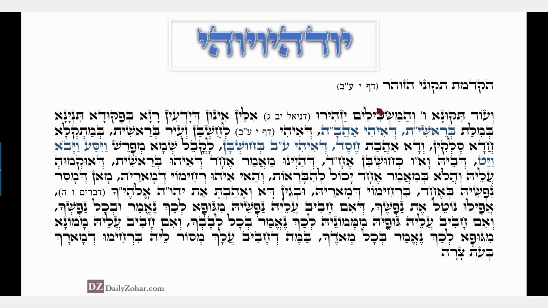Now, we go into the explanation of the Zohar. This is from Akdamat Tikkunei Zohar, the introduction to the Tikkunei Zohar, which is a very, very important part of the Zohar, and unfortunately most publishers don't publish this. There are a few prints, but very little, because the Tikkunei Zohar has very little commentary.